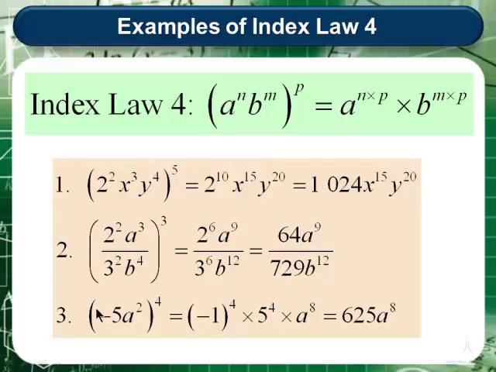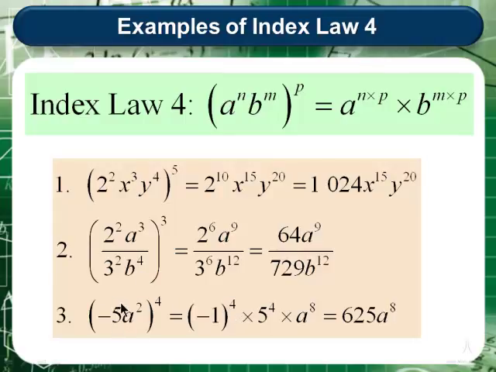In example number 3, this minus is very important, because remember, if this power is even, then the final result will be positive, while if it's odd, it will be negative. The best is to view minus 5 as minus 1 times 5. So you have minus 1 raised to the power 4, because minus 1 to the power 1, multiplied by that 4 gives me this.